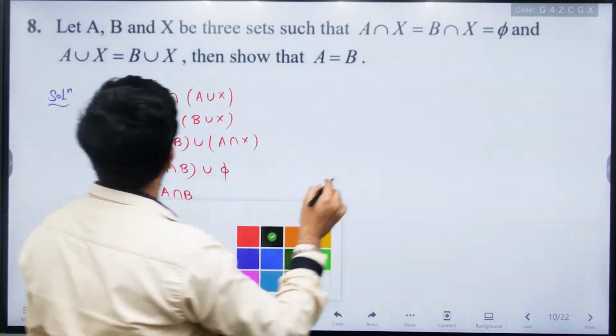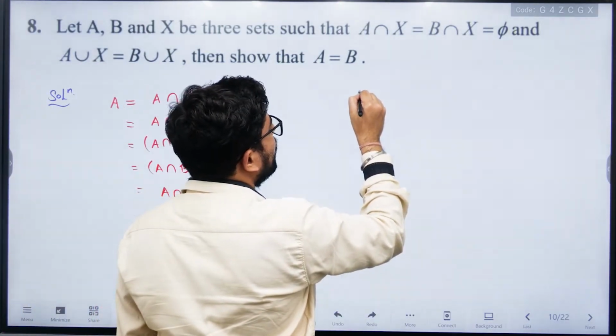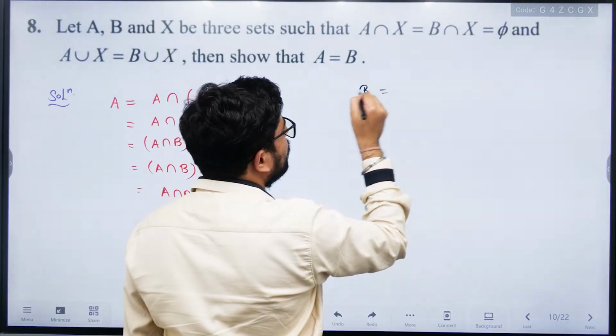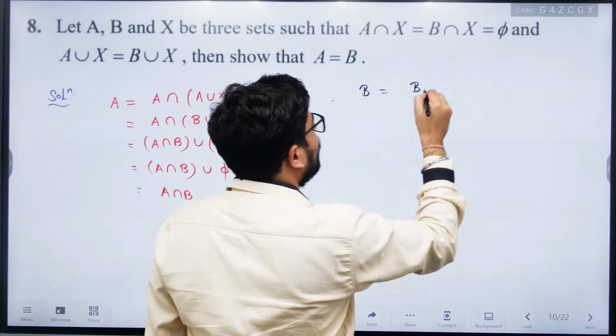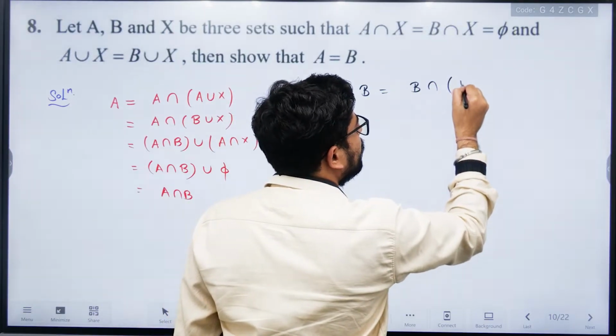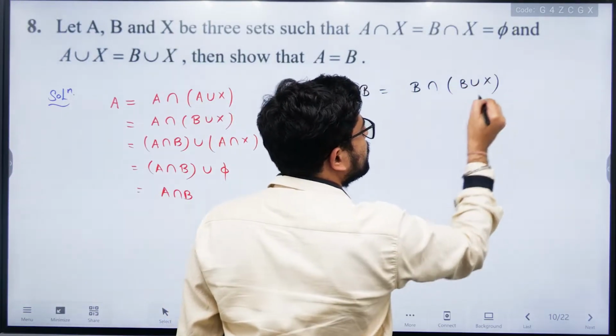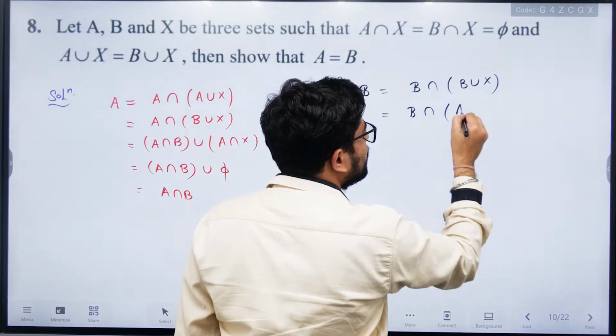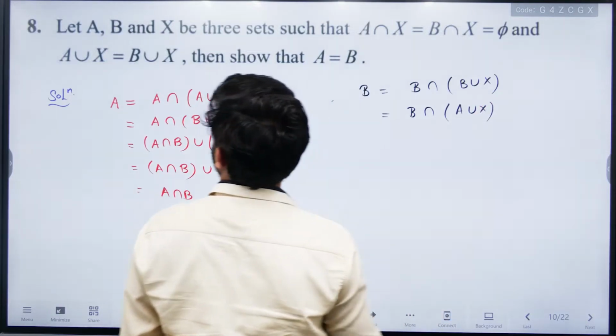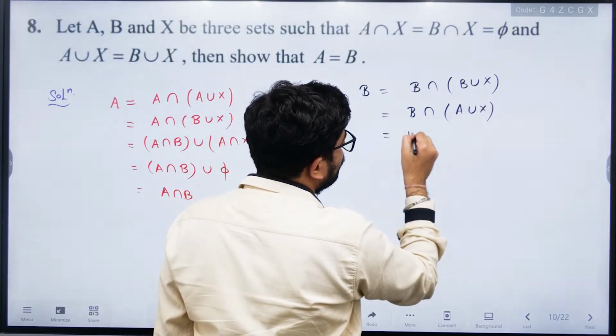Similarly, if you find B, you can say B is equal to B set intersection with B union X. So B union X is A union X. This is given to us. So from here you can use the distributive law.